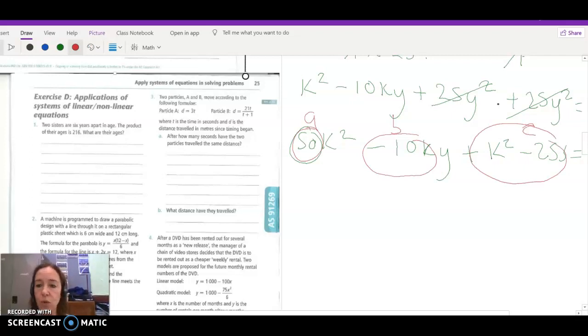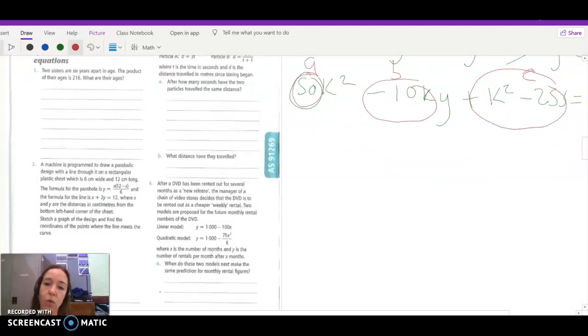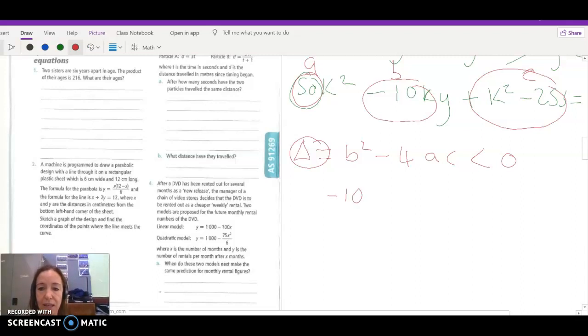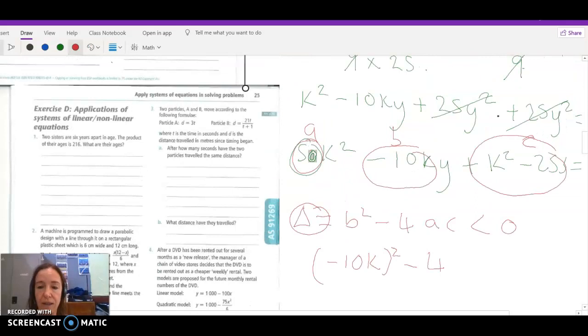Okay, so now I am going to work with delta. So delta is equal to b squared minus 4ac. And I am looking for where this is actually less than 0. So I'm looking for where delta is less than 0. So b squared, this is b, so it's going to be minus 10k squared minus 4a, which is, what have I done?